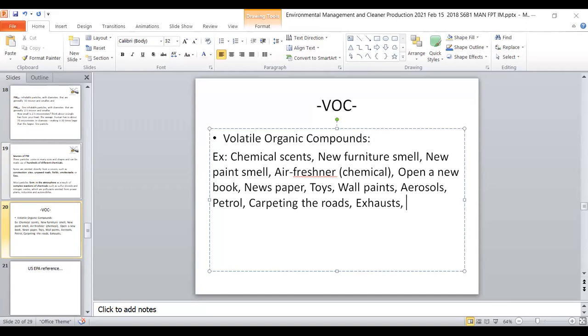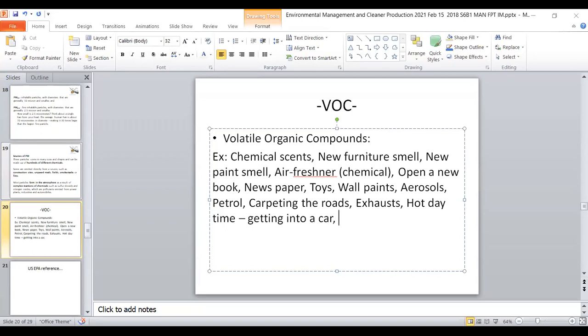You can feel this. And even on a hot day, if you get into a car, you feel the smell, because something evaporated and got trapped there.